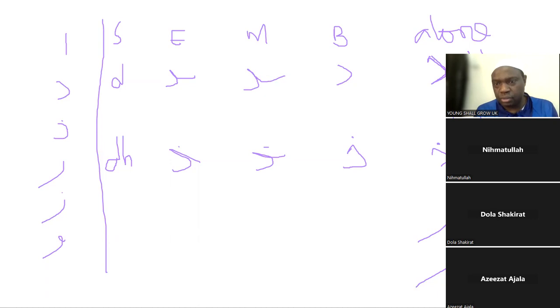So this is R. In this case, we roll our tongue. Ra. If you notice, I put A and I'm saying O. Anybody to explain this for me? Why am I writing A and I'm saying O? The reason is, in Arabic, there is no O sound.